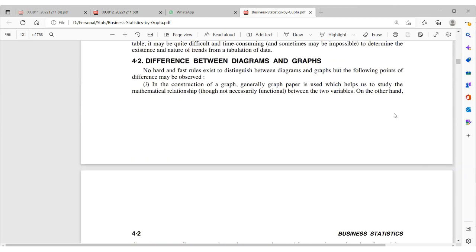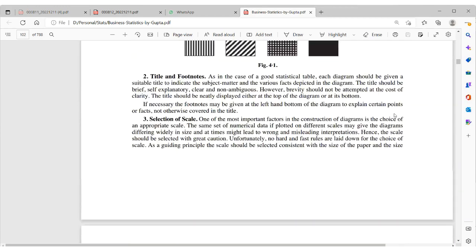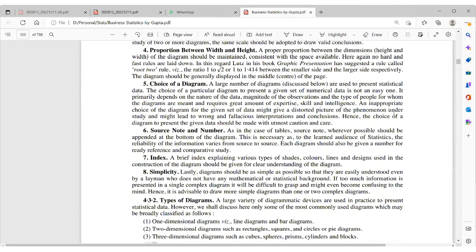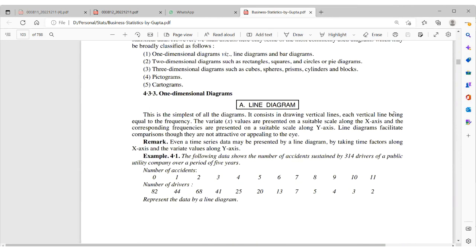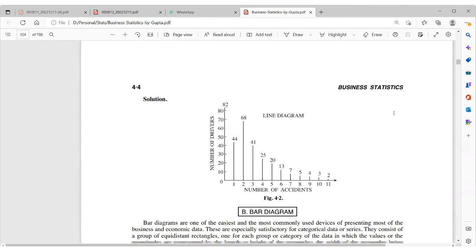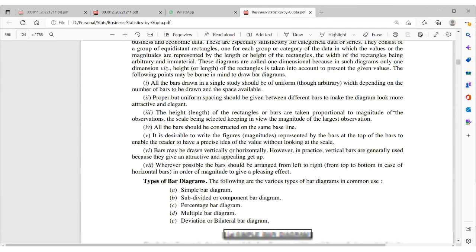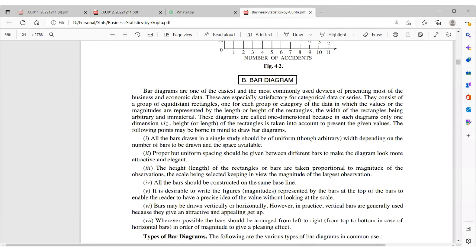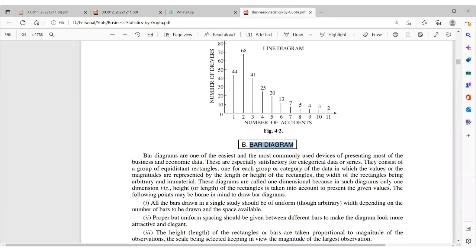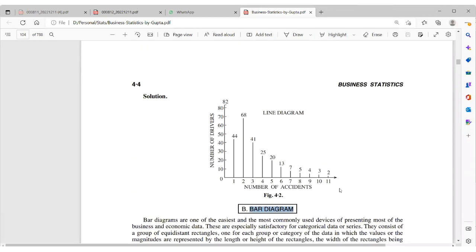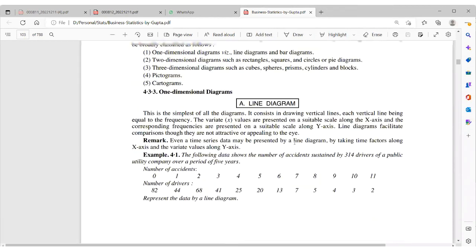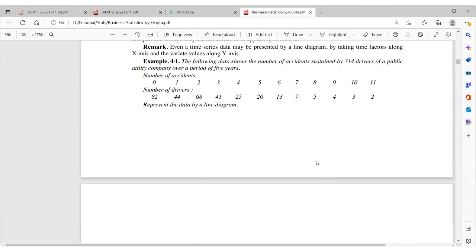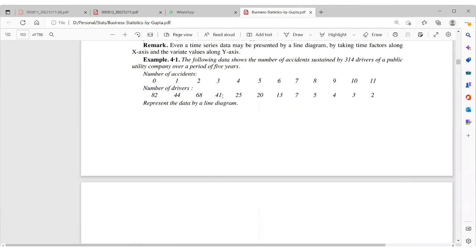Now, diagrams and graphs. See this bar diagram. In a line diagram, we represent by lines.